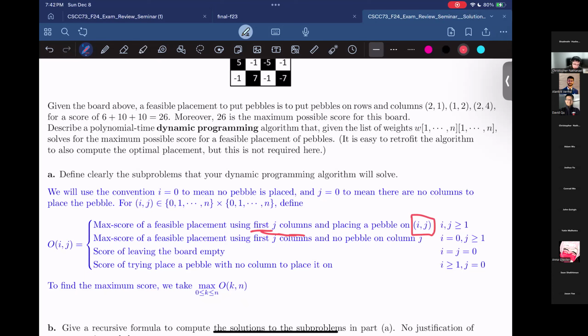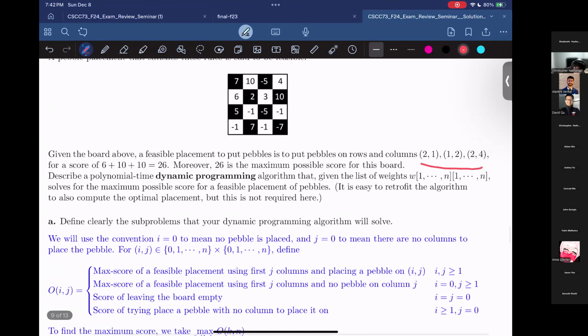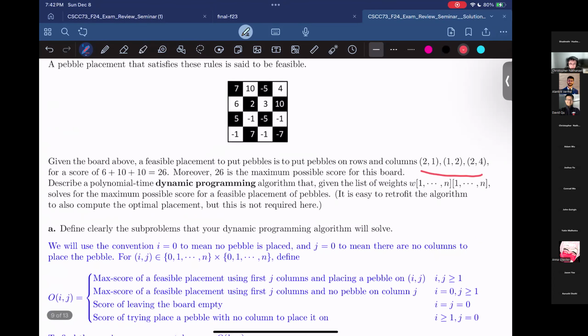So using the first j columns means that we've scanned through the first j columns. And if i is 0 and j is more than or equal to 1, this is the same as in the example over here. If you notice, we didn't place any pebbles in the third column, but that gave us the optimal answer.